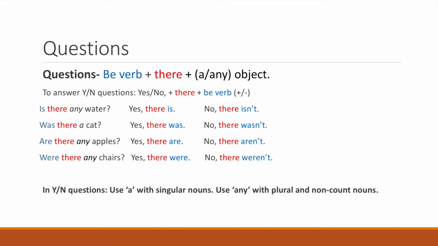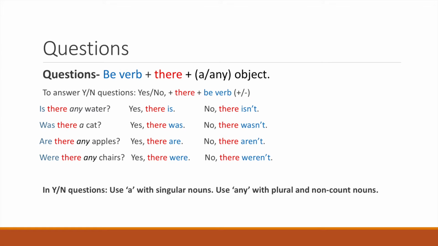Another example, was there a cat? Yes, there was. Or, no, there wasn't. Here we're asking about the past, so we use was. We have a singular count noun, cat. Are there any apples? Yes, there are. Or, no, there aren't. In this example, again, we have a plural noun.